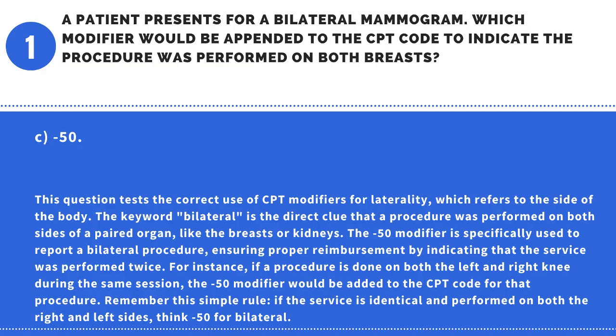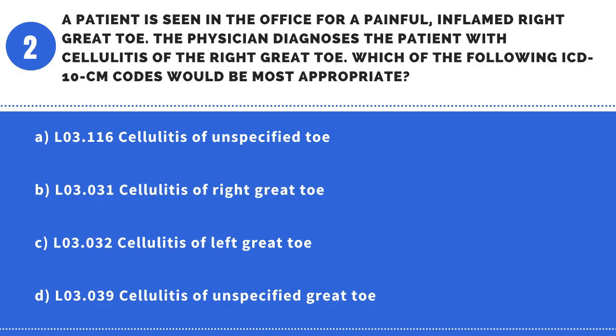For instance, if a procedure is done on both the left and right knee during the same session, the -50 modifier would be added to the CPT code for that procedure. Remember this simple rule: if the service is identical and performed on both the right and left sides, think -50 for bilateral.